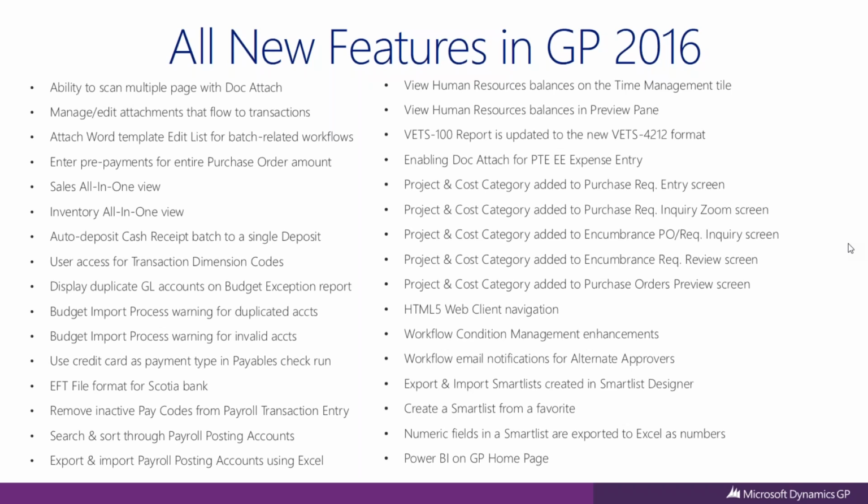No, we'd have to take the GP environment to 2013 first. Basically what they do is they say we'll upgrade anything within the last 2 versions. It kind of matches the support.